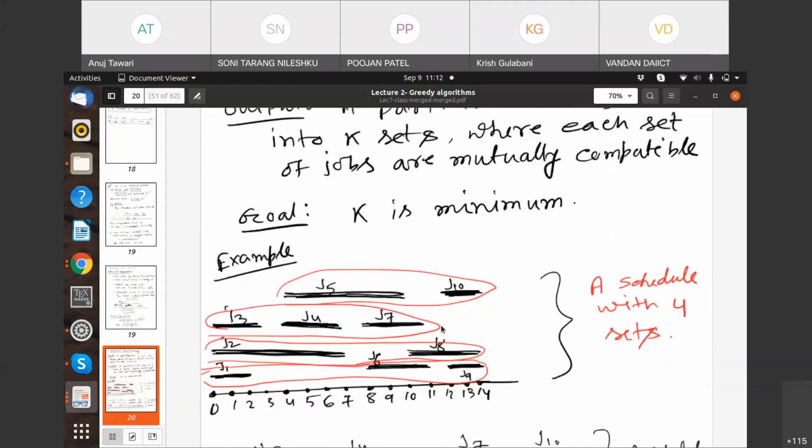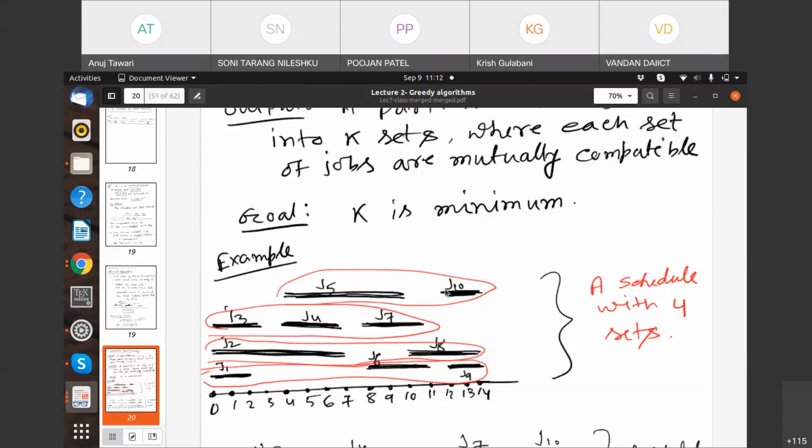Okay. So let's say I picked J1, J6, J9 in one, J2 and J8 in another, J3, J4, J7 in another, J5 and J10 in one. Okay. So this is a schedule with 4 sets.